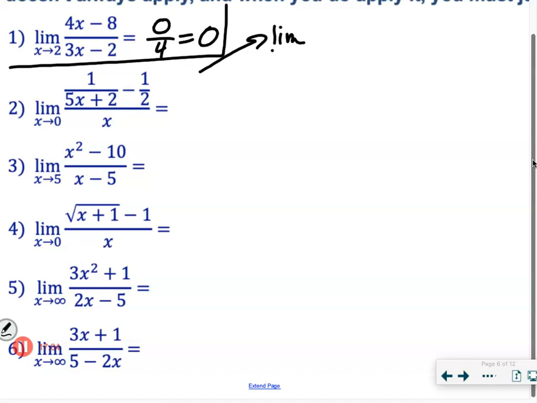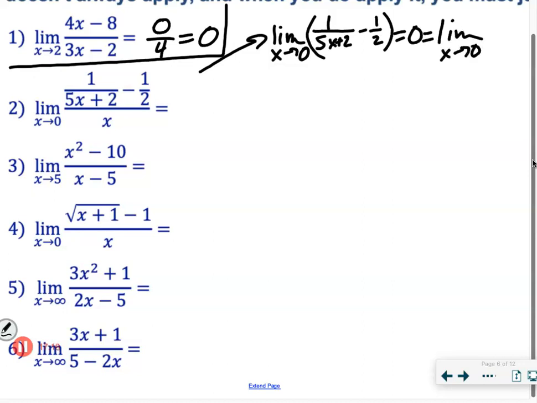The way you justify it is you write the limit as x approaches 0 of the top equals 0, which equals the limit as x approaches 0 of the bottom. Now, personally, I also would recommend you always write, therefore, L'Hopital applies.